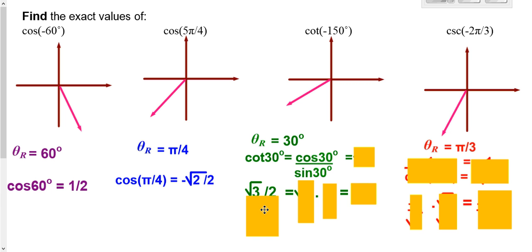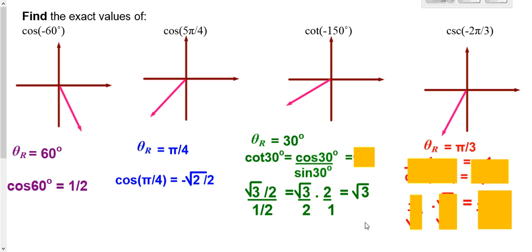Cosine of 30 you're supposed to have memorized is root 3 over 2. Sine of 30 is 1/2. So now you have a fraction divided by a fraction. Instead of dividing by a fraction, you multiply by the reciprocal, so you're going to multiply by 2 over 1. The 2's are going to drop. You're going to be left with root 3 over 1.